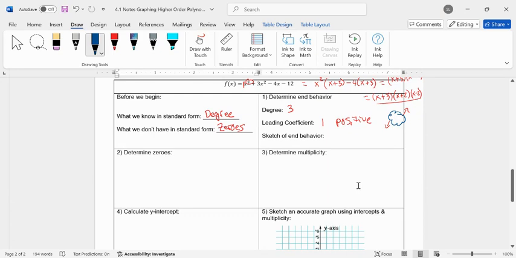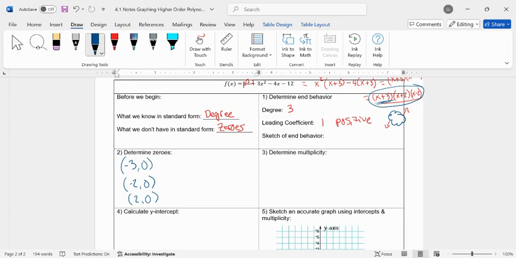So determine your zeros. I'm going to look at factored form. I'll have a 0 at negative 3, comma 0, right? I'm setting each of these factors equal to 0 and solving. Negative 2, comma 0, positive 2, comma 0.